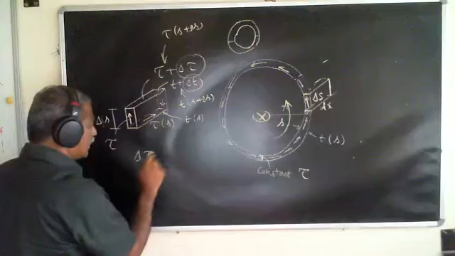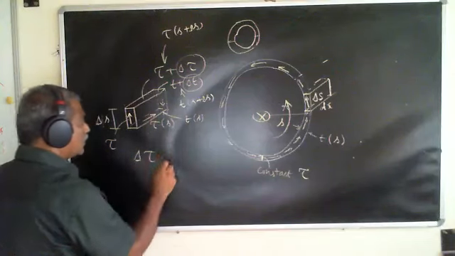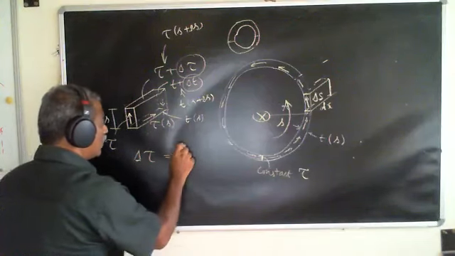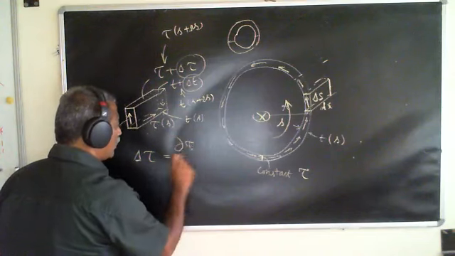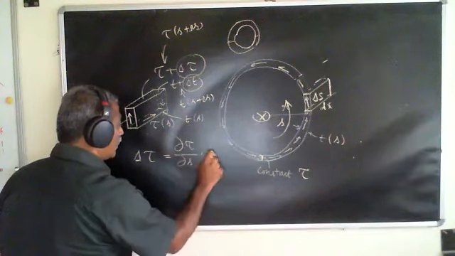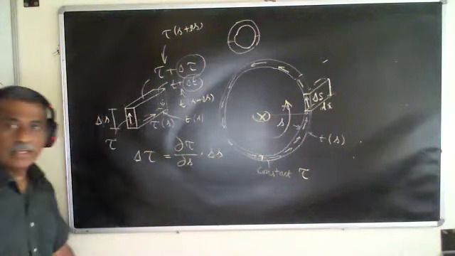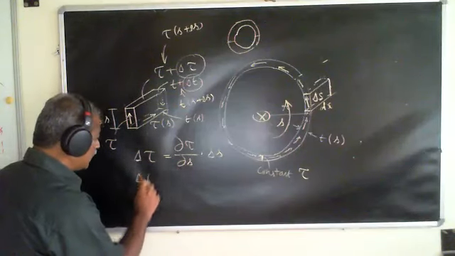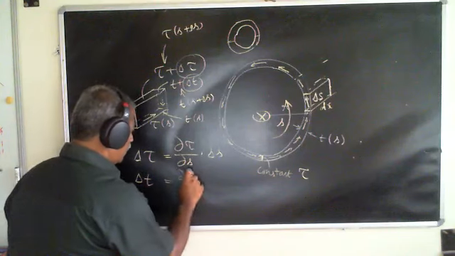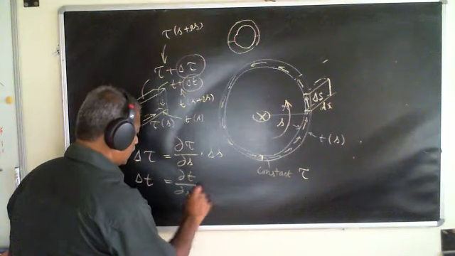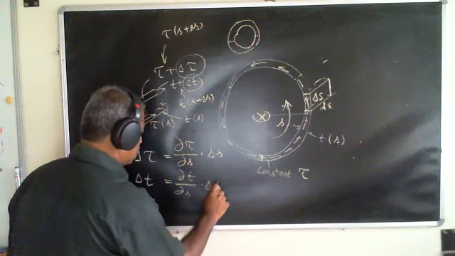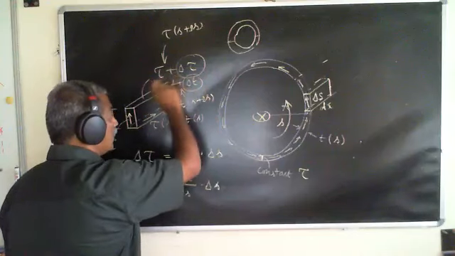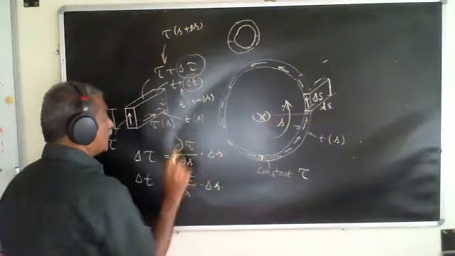I can take tau to be varying with respect to S in a continuous way, and therefore I can take this to be dou tau by dou S times delta S. Yeah, can I not? Can I not do this? In a similar way, I can take delta T to be varying with respect to S like this, so that I can write this completely in terms of S.